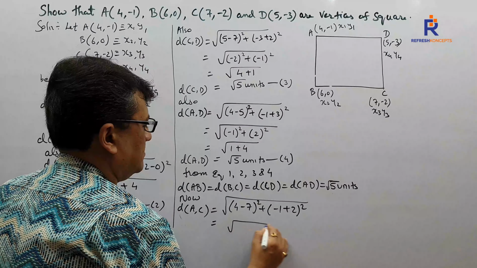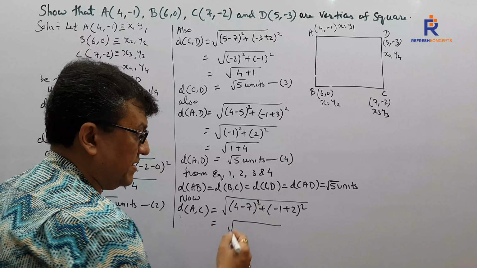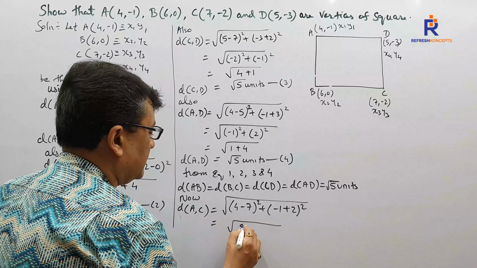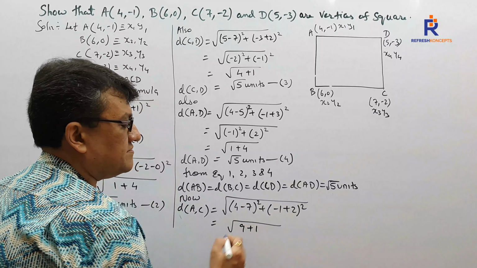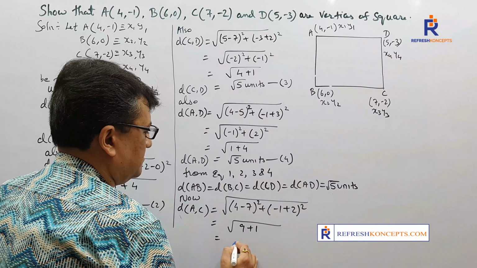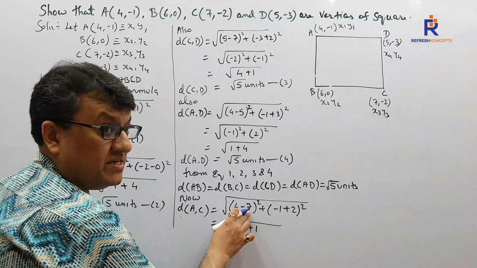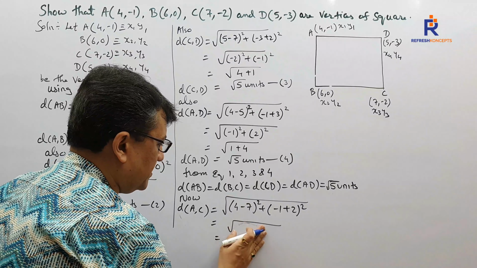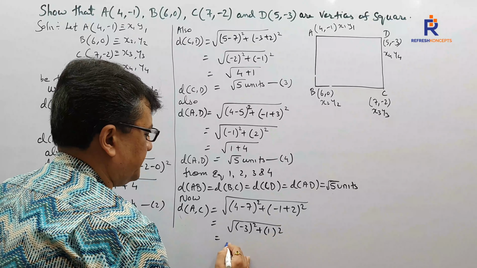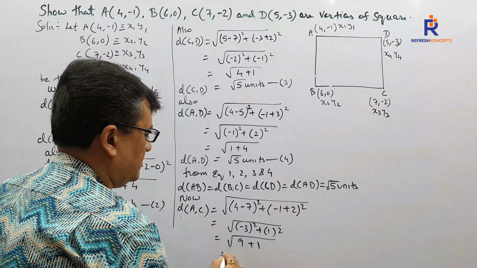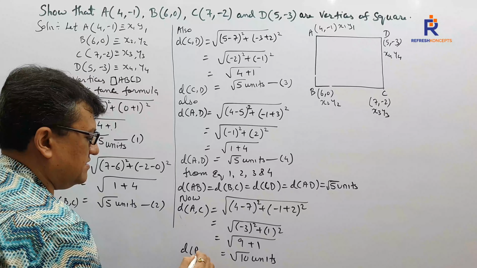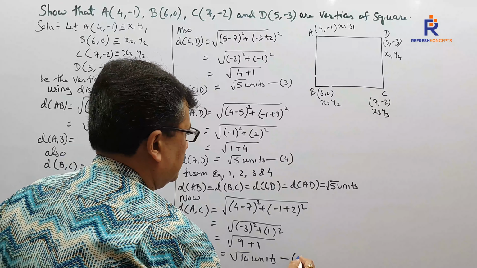So the answer is going to be: 4 minus 7, minus 3 square, is 9, and plus minus 1 plus 2, 1 square, 10, root 10. If you want, I'll write it this way: minus 3 square plus 1 square, under root of 9 plus 1, under root of 10 units. This is distance AC. Equation number 5.